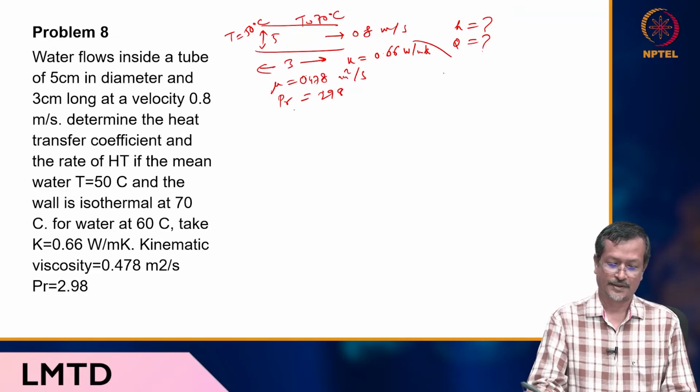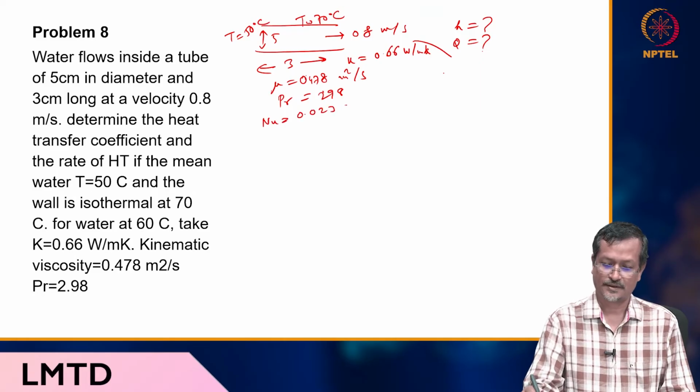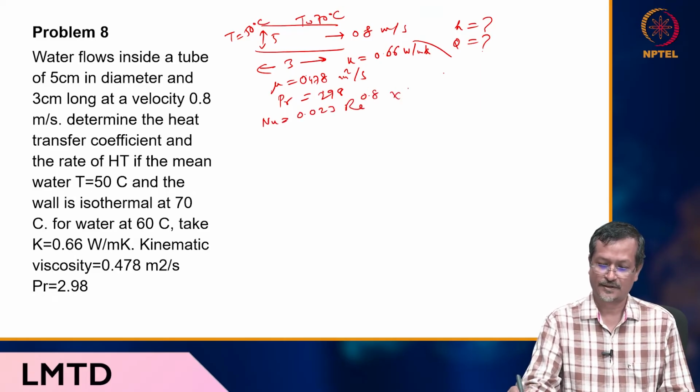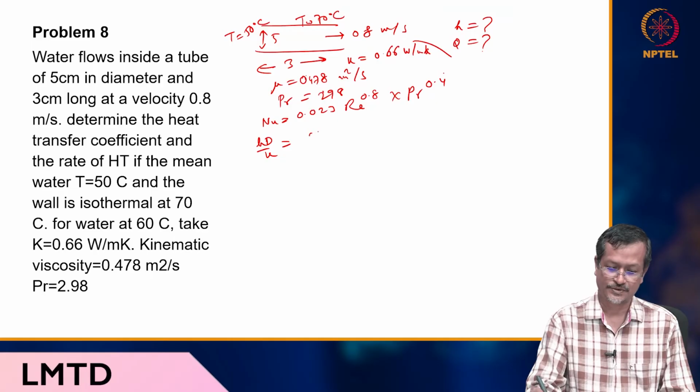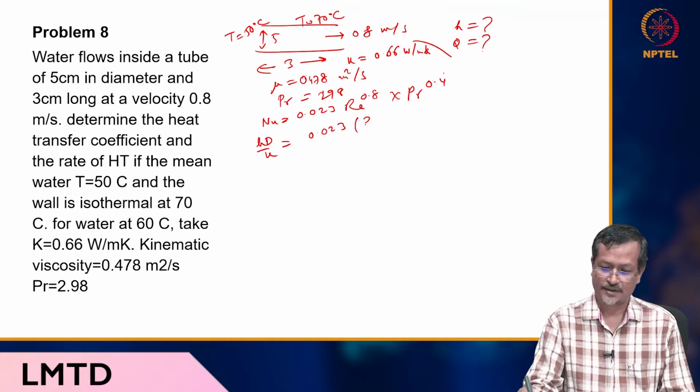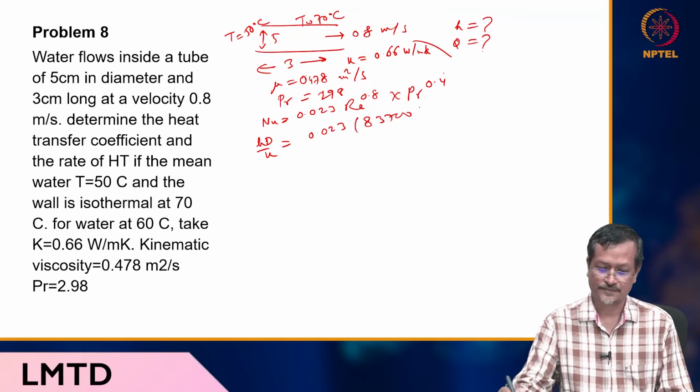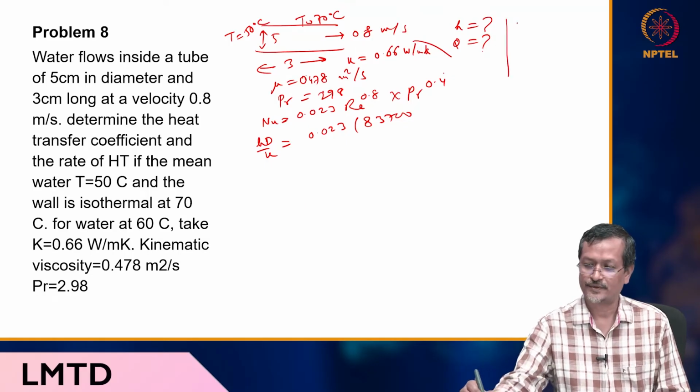So Nusselt number equals 0.023 Re to the 0.8 into Prandtl number to the 0.4. Use this formula. So HD by K equals 0.023 into 83700 to the 0.8, because Re value I have to calculate.